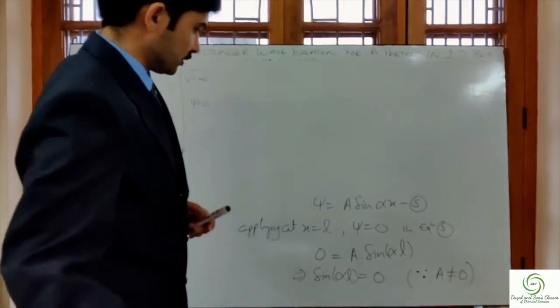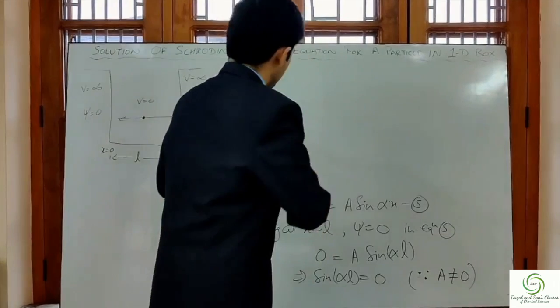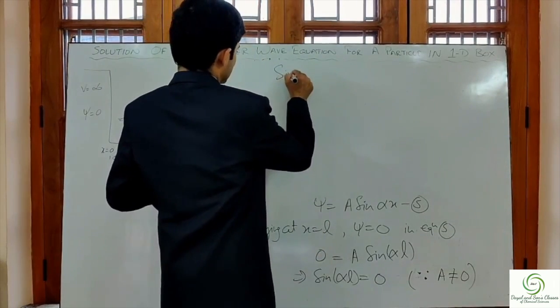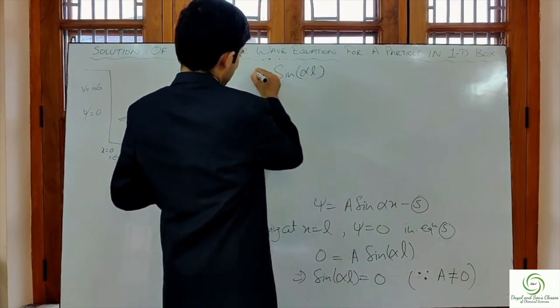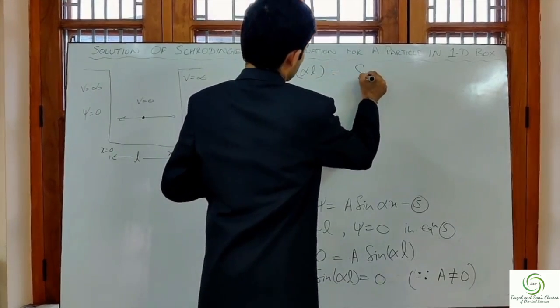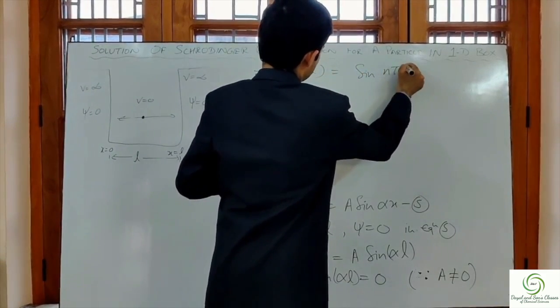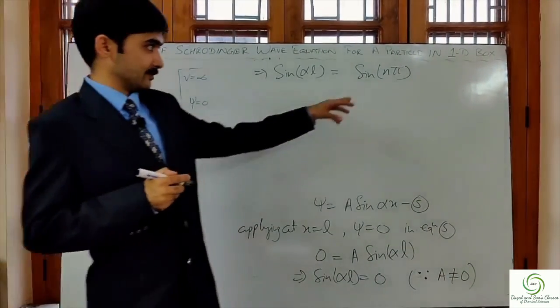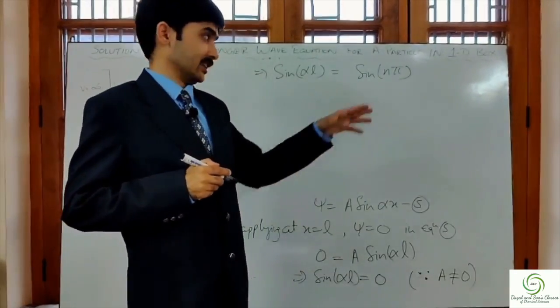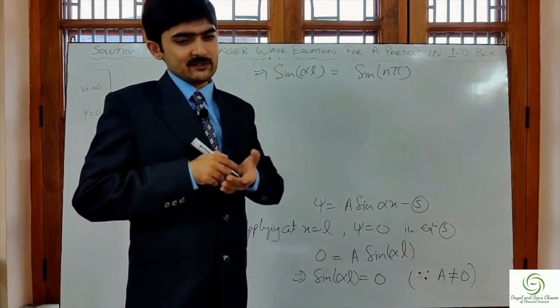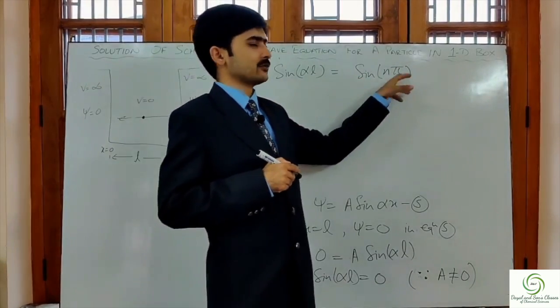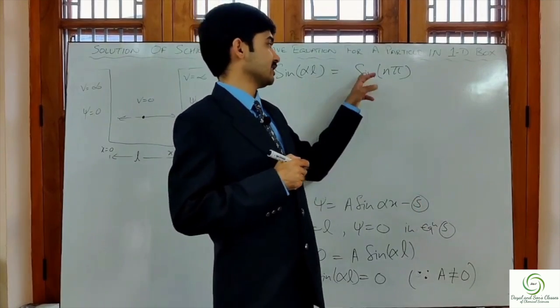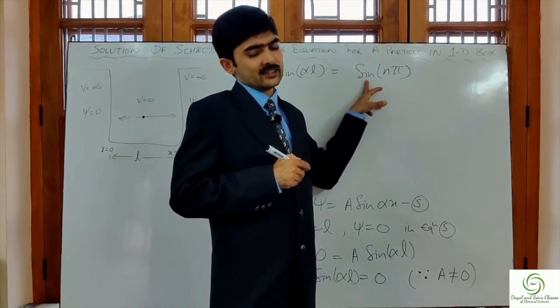Now what do we get? For sine alpha L, I can write it as sine n pi. Why? Sine n pi means 180 degrees, and sine of 180 degrees will be 0, and anything multiplied by 180 degrees will give me a multiple of 180 degrees in the end, that will be 0.